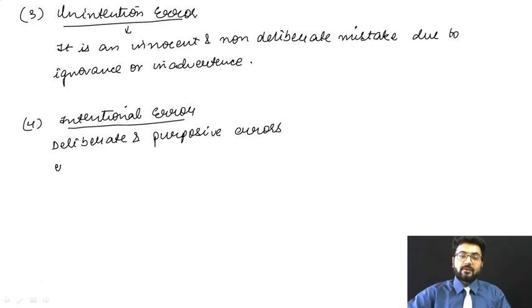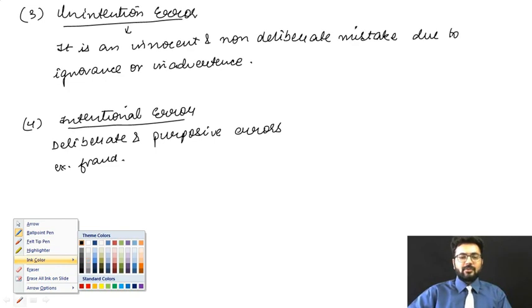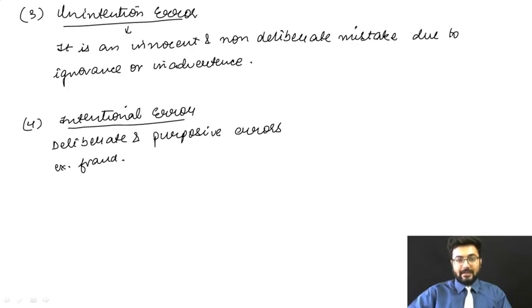An example is fraud. You will come to know about it as fraudulent financial reporting. We are going to discuss the same topic, but only briefly. So the error which took place intentionally is intentional error. Otherwise, it is unintentional error. Got it?